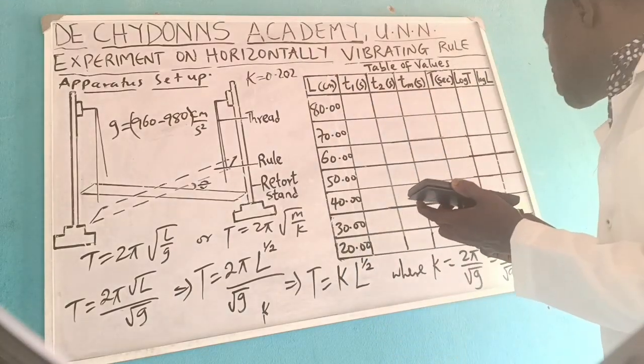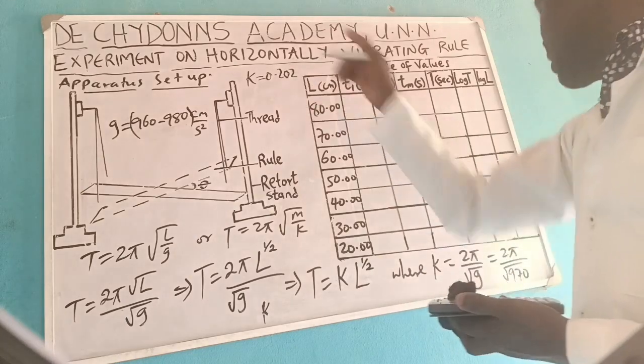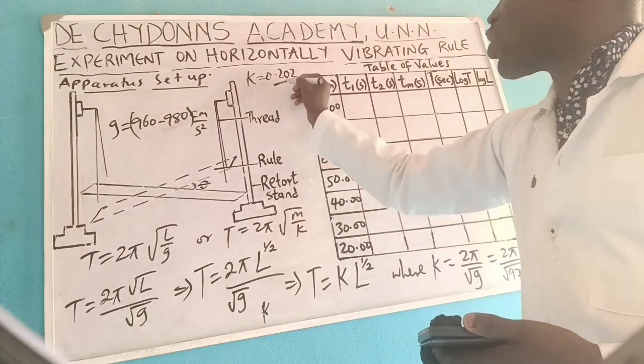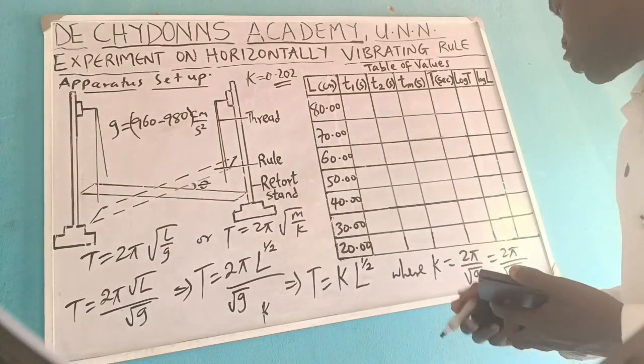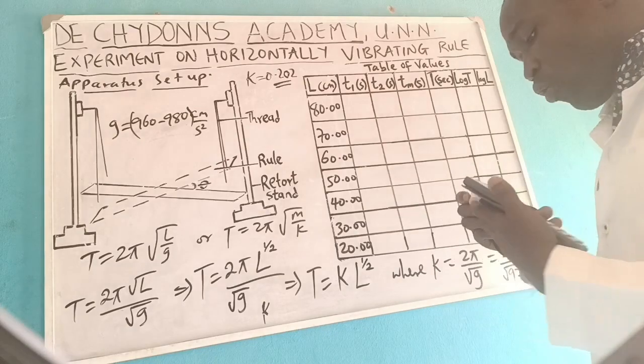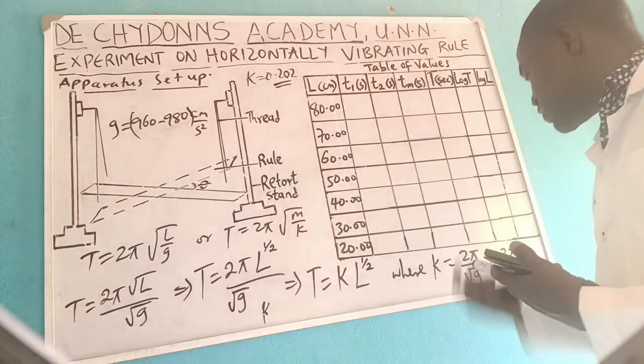Now, you know that when you have this as a constant, that is what you will use to make your table.